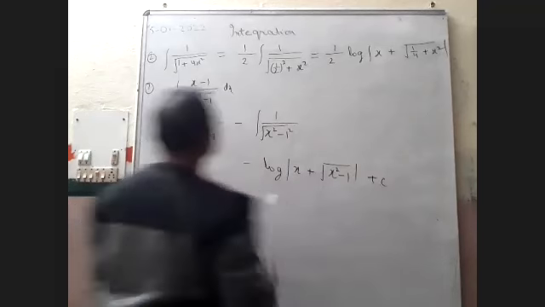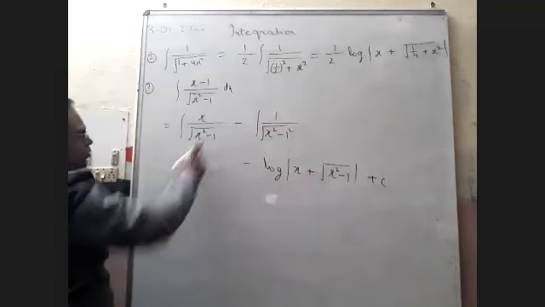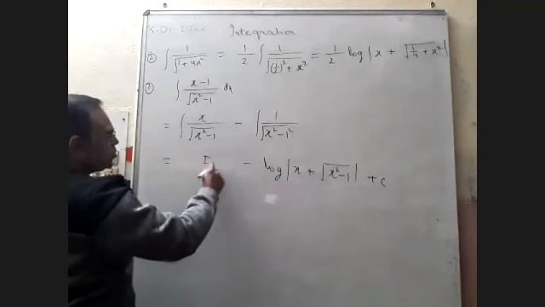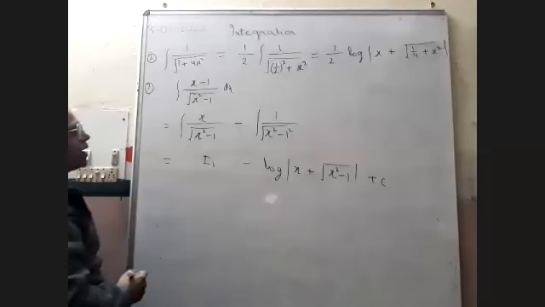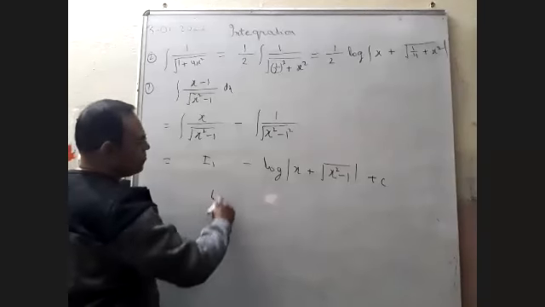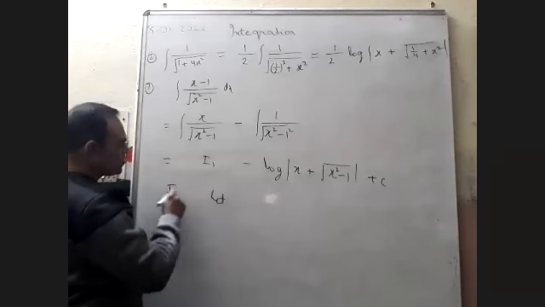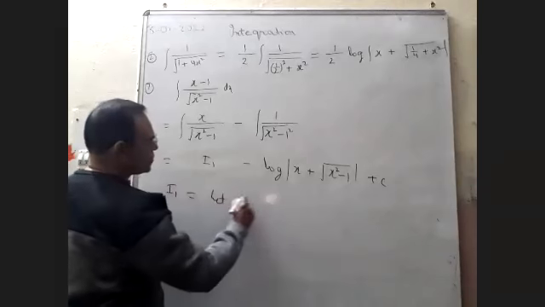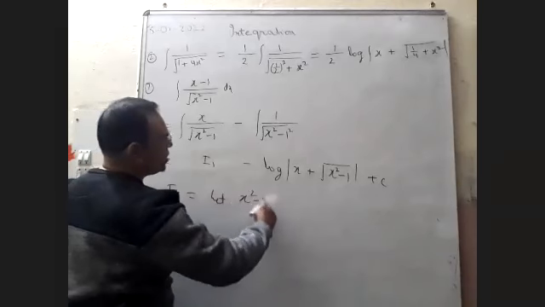What about this integration? For this, suppose this is I1, you have to let x square minus 1 as t. Let x square minus 1 is equal to t.